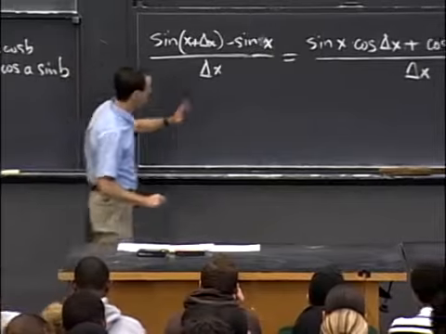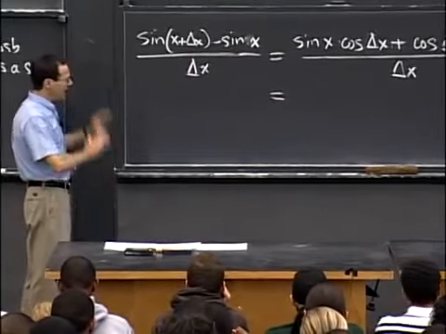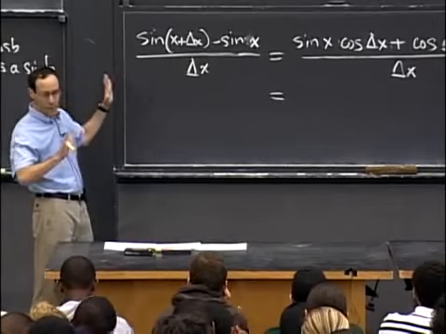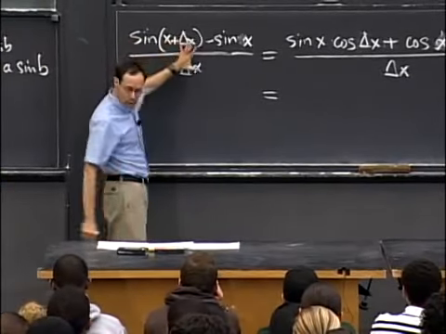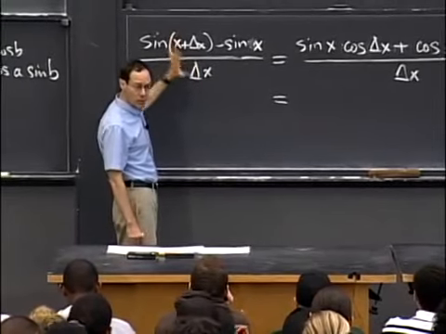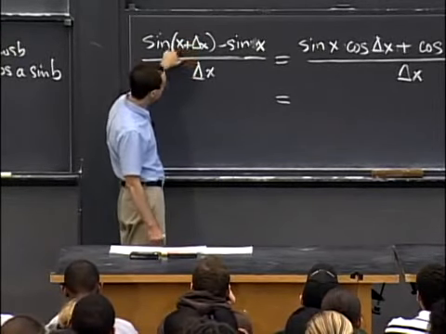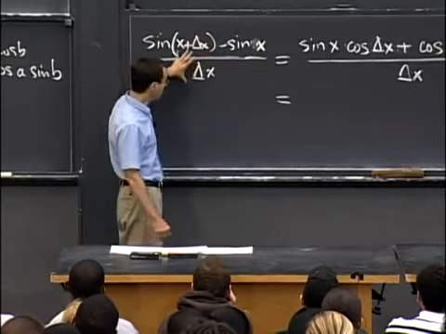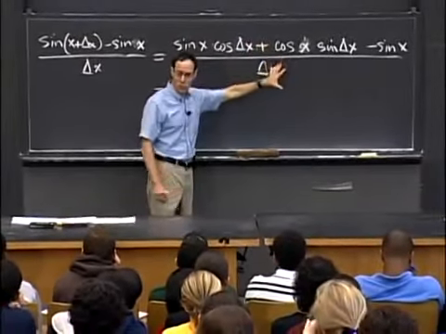the next thing we're going to do is we're going to try to group the terms. And the difficulty with all such arguments is the following one. Any tricky limit is basically 0 over 0 when you set delta x equal to 0. If I set delta x equal to 0, this is sine x minus sine x, so it's a 0 over 0 term. Here we have various things which are 0 and various things which are non-zero.